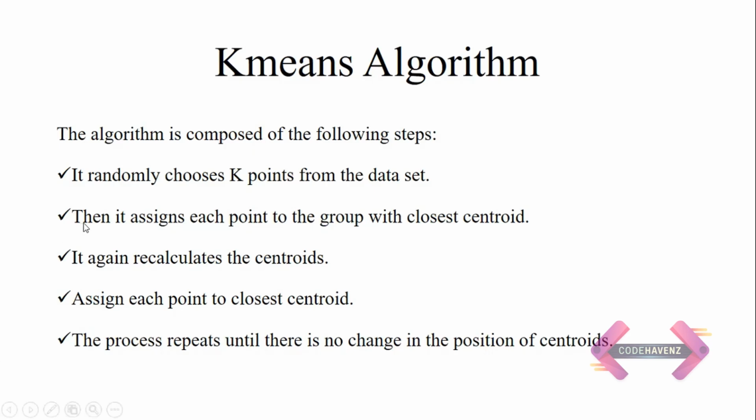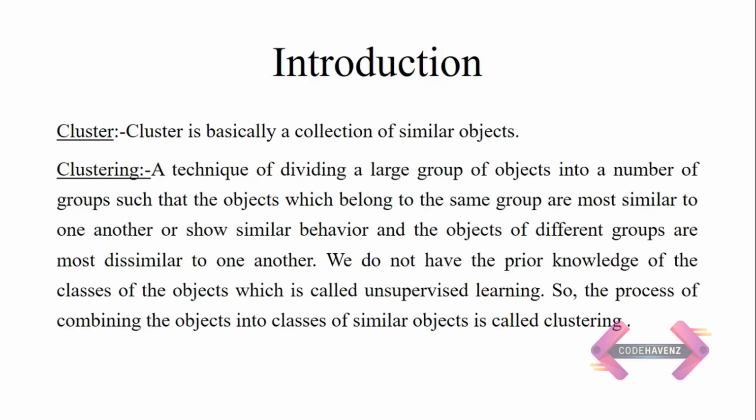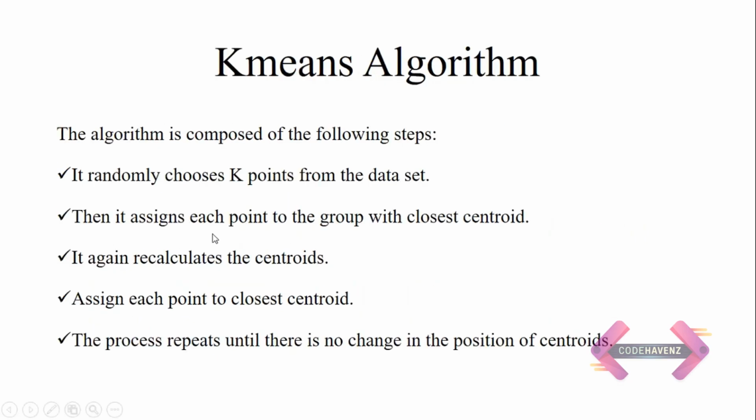After calculating the distance of each data object from those cluster points, we need to assign each point to the group with the closest centroid. That means we need to assign the data objects to the cluster in which its distance is minimum. After that, we need to recalculate the centroid.